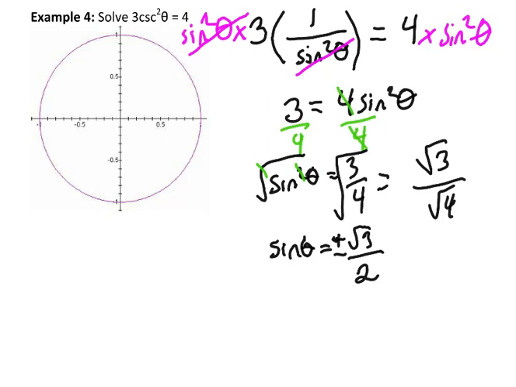Okay, so then when we go to find our solutions here, first I'll draw the sine theta equals positive root 3 over 2 solutions. So those would be, I'll do those in purple. Those will be up here. So root 3 over 2, positive root 3 over 2 is going to be somewhere around here. So that's like a y value of around 0.8, 0.9 over here. So that makes this angle and this angle here. And if I look at what those must be, those are special angles. So that's related to the 60-degree triangle in here.